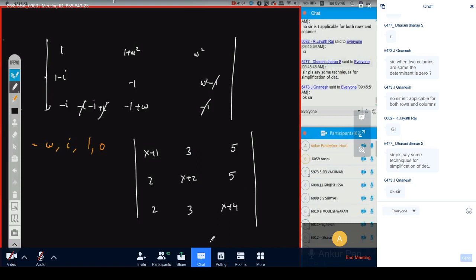Now the question is, if this is equal to 0, what is x equal to? What will you do?